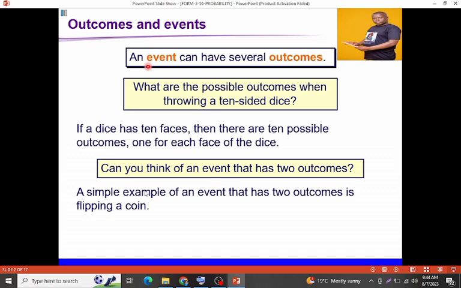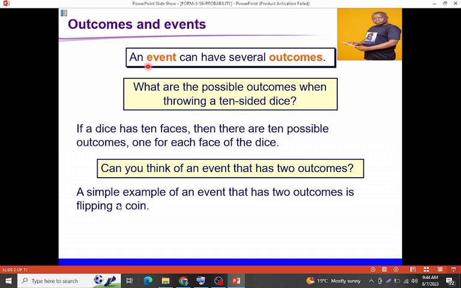A simple example of an event that has 2 outcomes is flipping a coin. When you flip a coin, the coin has 2 faces, heads or tails. So a fair coin, when it is tossed or flipped, will show either one of the 2 sides.